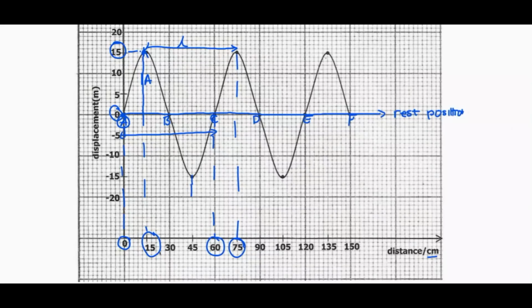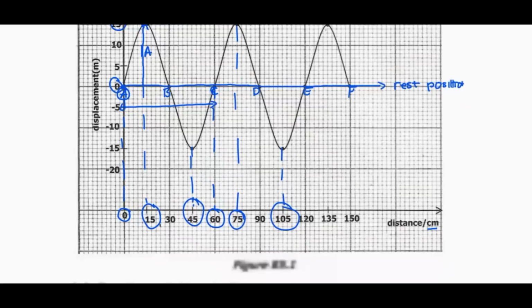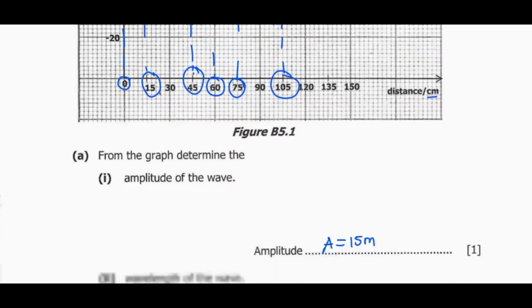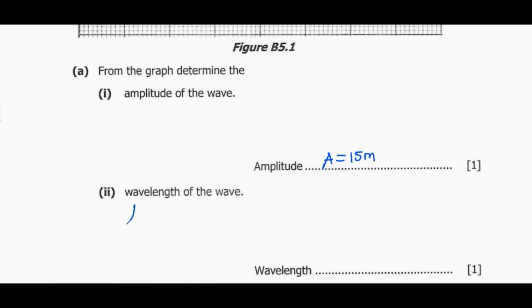If you want, you can take it from here, 45, also here, you get 105. So 105 minus 45, you still get 60. So the answer here is just 60. So wavelength is equal to 60 centimeters, which in meters, you divide by 100. This will give you 0.6 meters.